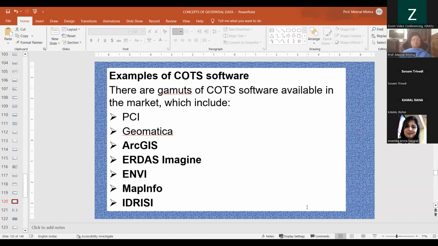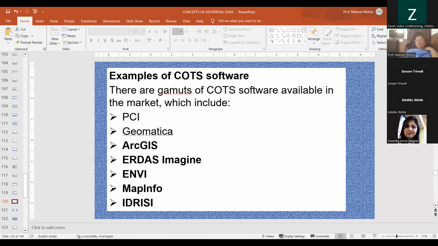Examples of COTS software. See, many COTS software are available in the market. I will just discuss a few of them. Let me come to ArcGIS. This was developed by ESRI, and it is a comprehensive geospatial platform. This offers a wide range of tools and capability for data management, analysis, visualization, and mapping.